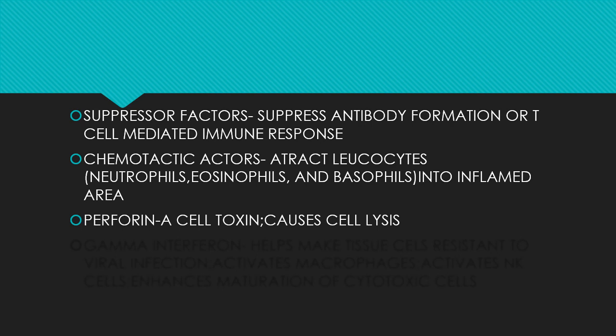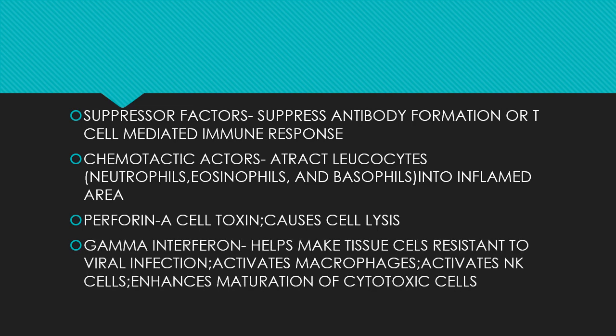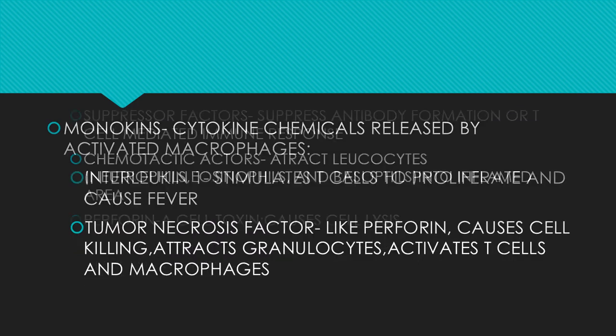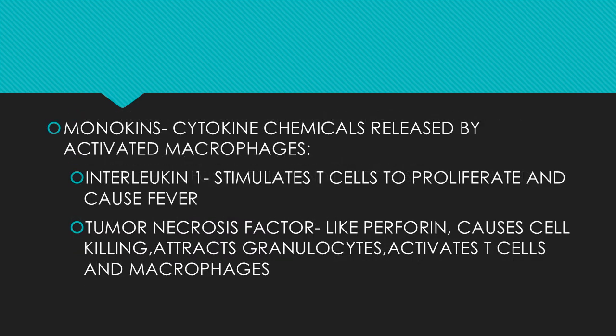And then the perforin is a cell toxin, causes cell lysis. Gamma interferon helps make tissue cells resistant to viral infection, activates macrophages, activates NK cells, enhances maturation. Monokines are cytokine chemicals released by activated macrophages. The interleukin 1 stimulates T cells to proliferate and causes fever.